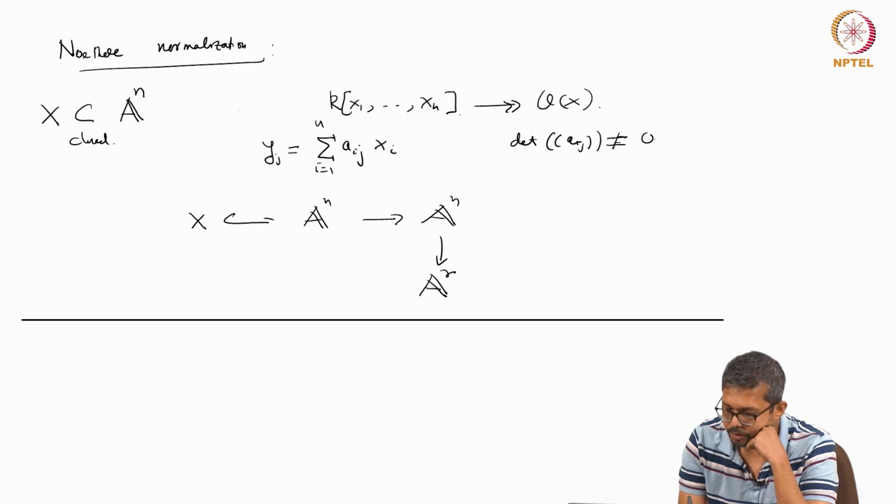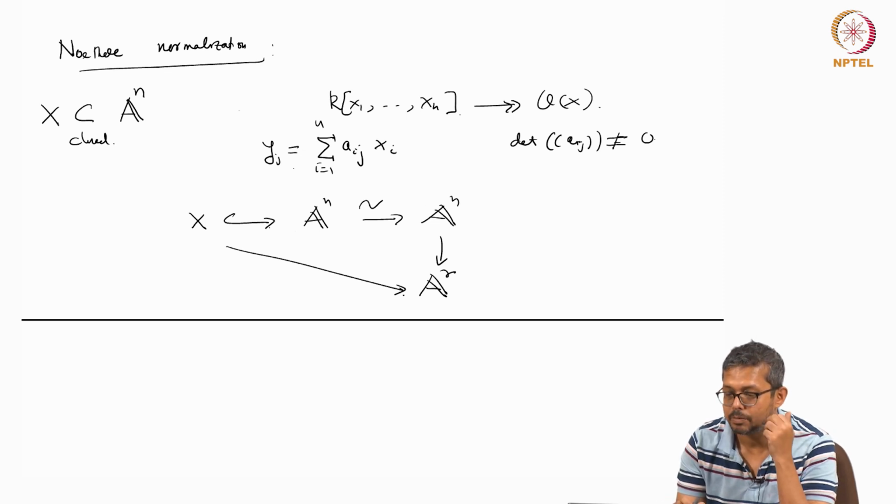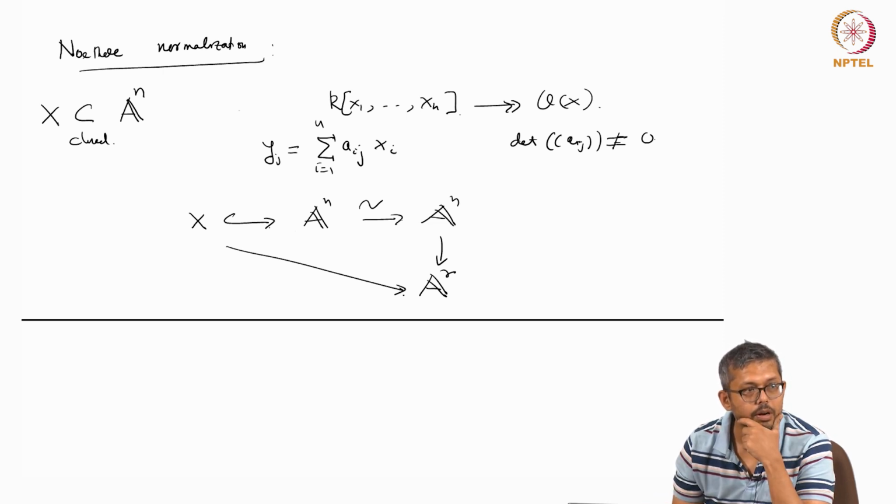So you have this inclusion X going to A^n. This map is the isomorphism given by this change of coordinates. That x_i going to this matrix gives you a linear map from A^n to A^n. Since the determinant is non-zero, it is an isomorphism.